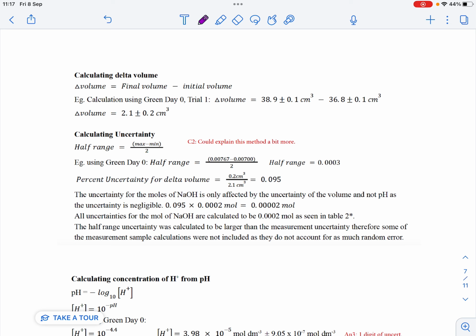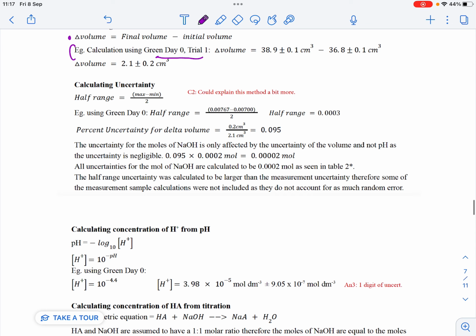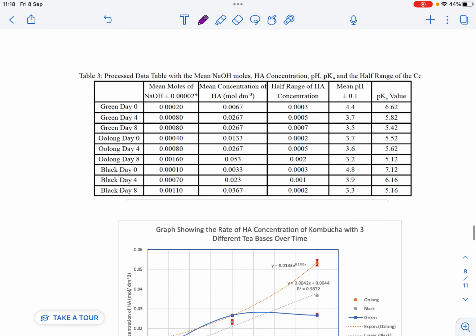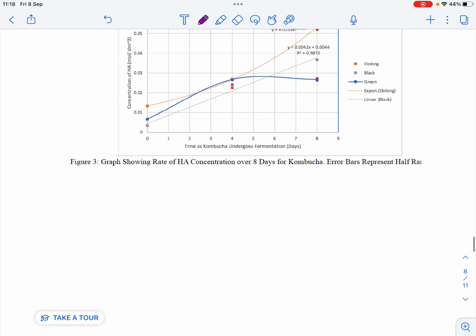They don't have to be in a table, but similarly, we've got an explanation of what formula we're using and then an example calculation with specific information about what values are being plugged in and so on. Calculating uncertainty, the method is explained to an extent. I mentioned here they could explain the method a bit more, their reasoning here a bit more, but they've shown a sample calculation. They have a process data table and they have final graphs.